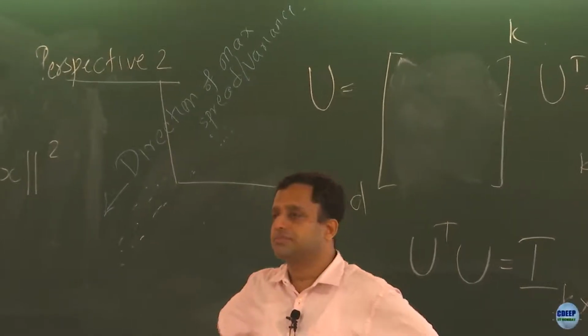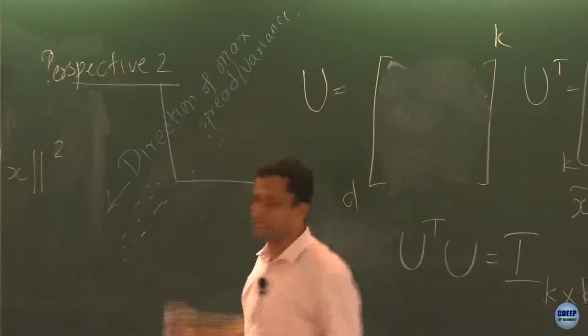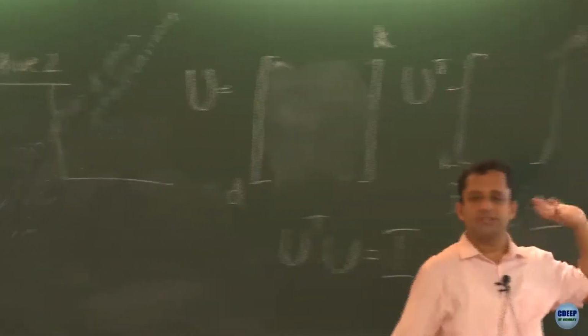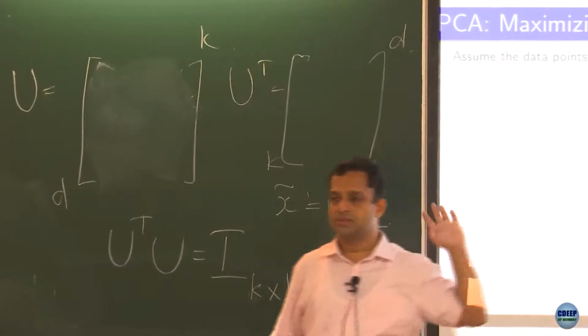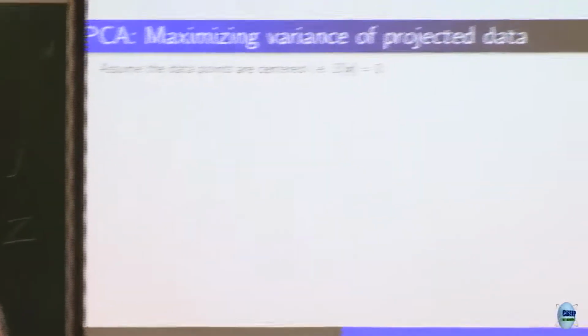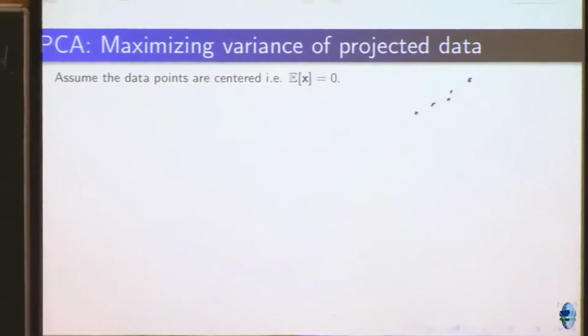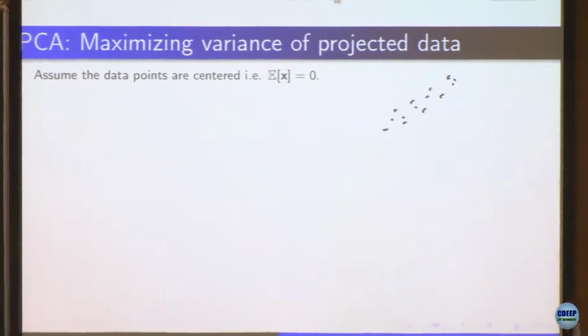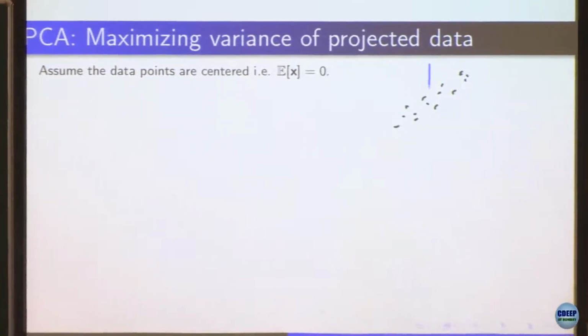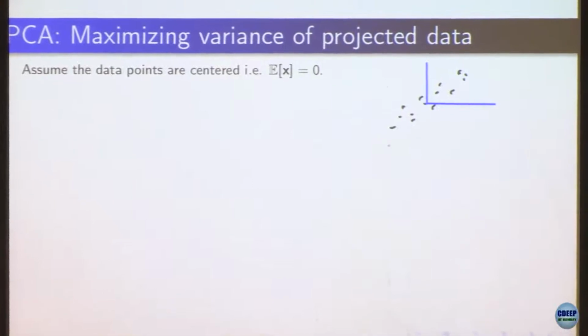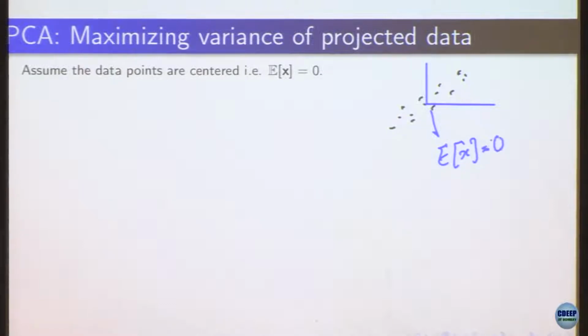So I'll just center the axis here, so the expected value of X is 0. As I said, my points were all here, and I've just moved my coordinate system here so that E[X] coincides with 0. Then I can talk about variance in this coordinate system.